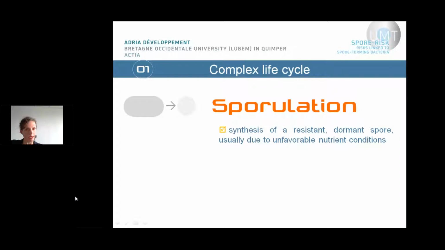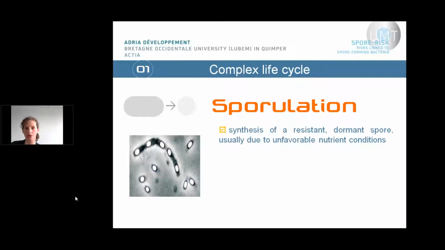Really quickly, the different processes in this life cycle. Sporulation, which is the formation of one spore out of one cell. You see here on this microscopic observation, which is just a phase contrast observation, there is no need for staining because spores appear as refringent structures in the cell.